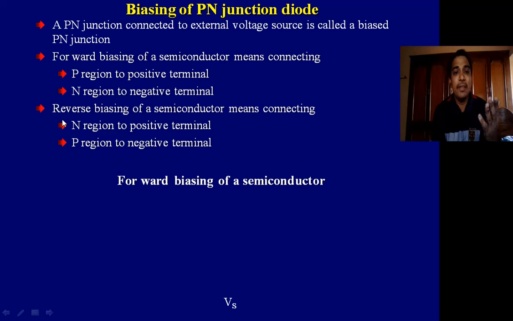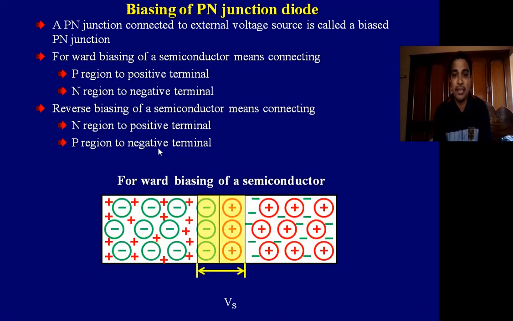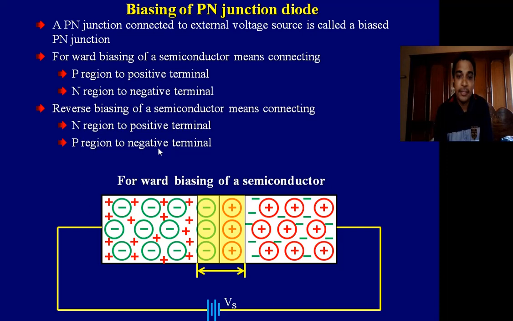If you connect the N region to the positive of the source and the P region to the negative of the source, that is called reverse biasing. We will discuss in detail what happens in forward and reverse biasing.